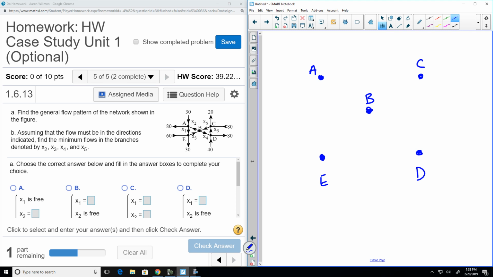It could be traffic flow or water irrigation, or it could be a computer network, information flow. It could be an electrical network. So we know 30 coming in, 20 coming out, 80.